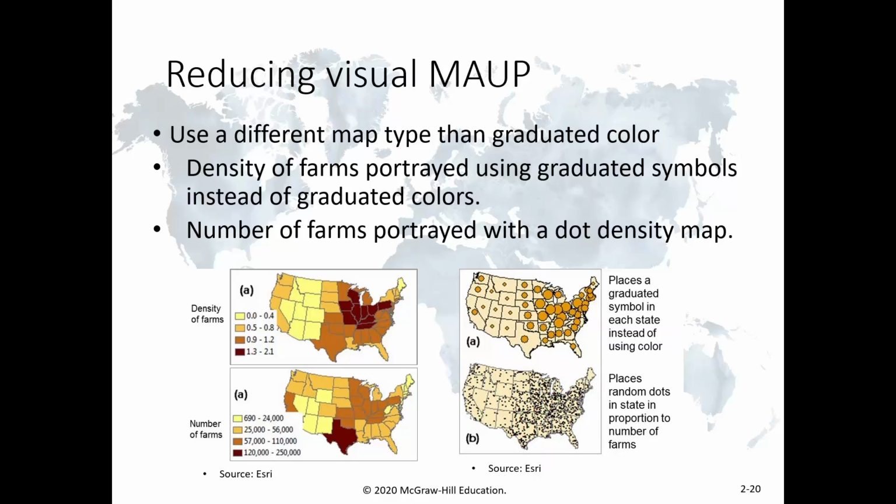So keep in mind how data has been normalized, what the maps are showing, and the different types of visual representations, the different types of symbols that can be used to show this data, as each type, whether it is a graduated symbol or a dot density map or a graduated symbol using colors, will show and explain data differently, and each one has its unique strengths as well as weaknesses.